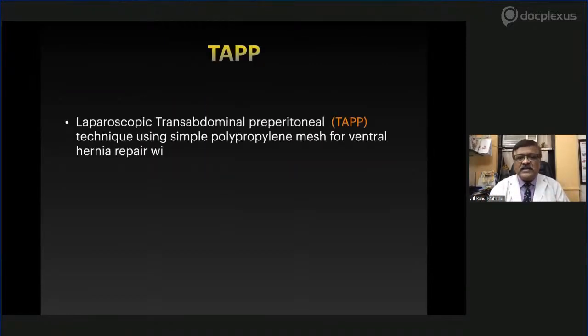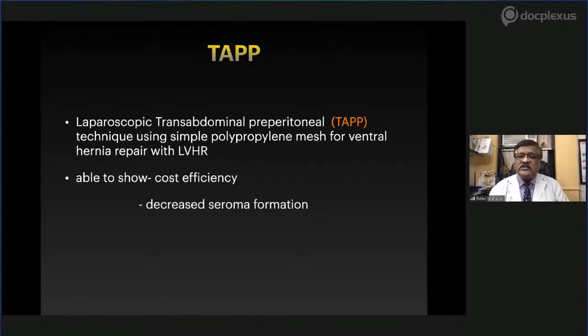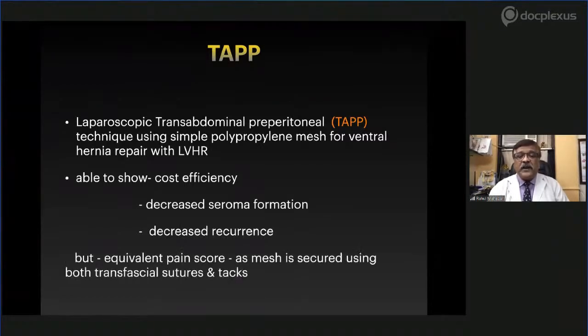And some surgeons started doing the laparoscopic transabdominal preperitoneal TAP technique using simple polypropylene mesh for ventral hernia repair, which was able to show cost efficiency. It decreases the seroma formation and decreases the recurrence as well. But it has an equivalent pain score as compared to IPOM and IPOM plus, as the mesh is secured using both transfascial sutures as well as tacks.